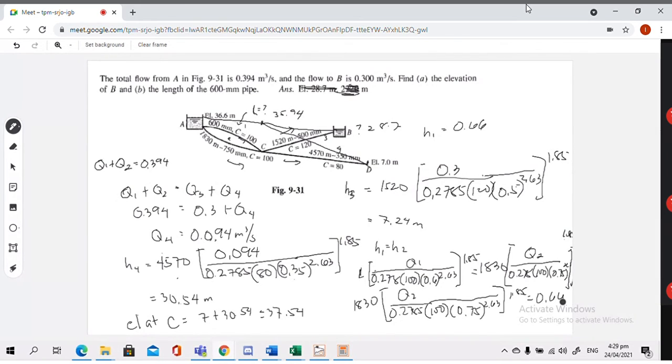So 1830 times Q2, 0.2785 times 100 times 0.75 to the 2.63 to the 1.85 equals 0.66. Okay, so you can get Q2. Once you get Q2, you get Q1. Once you get Q1, check whether it's correct. If there's an error, then the question is wrong.